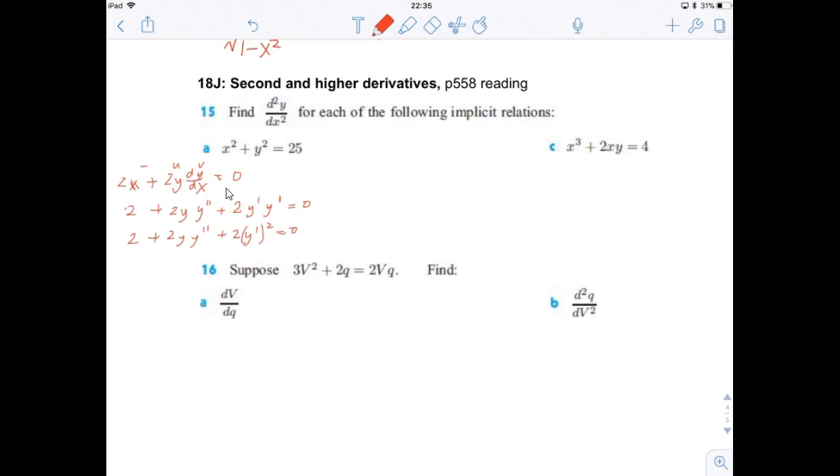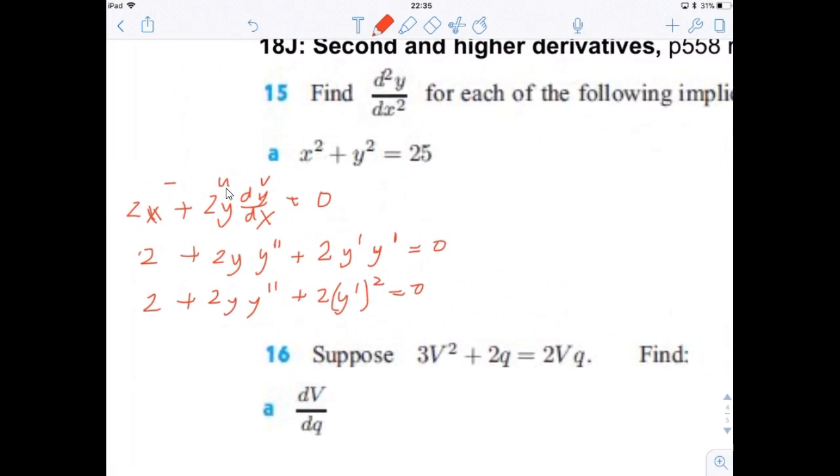Let's go ahead and do that algebra. So we have 2x plus 2y y dash equals 0. So we'll subtract 2x to the other side, and then we'll divide by 2y, and we'll get y dash equals negative x divided by y.